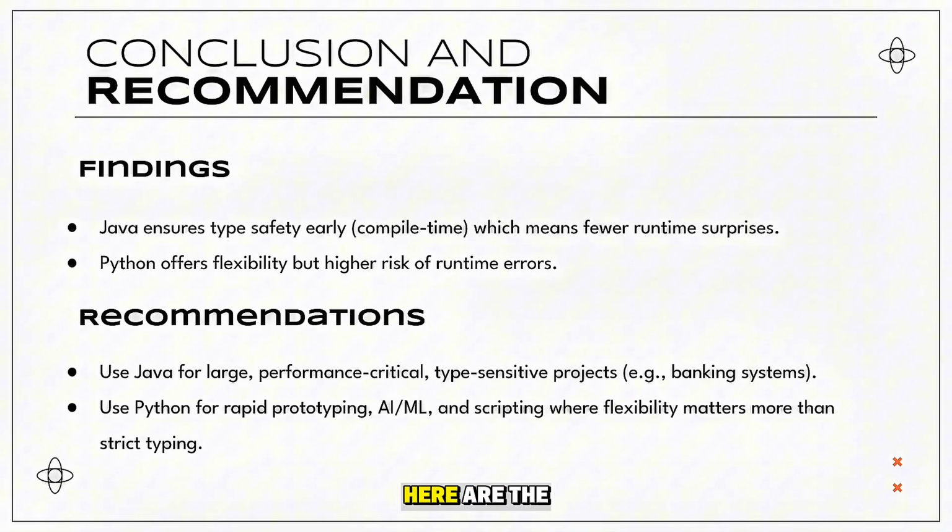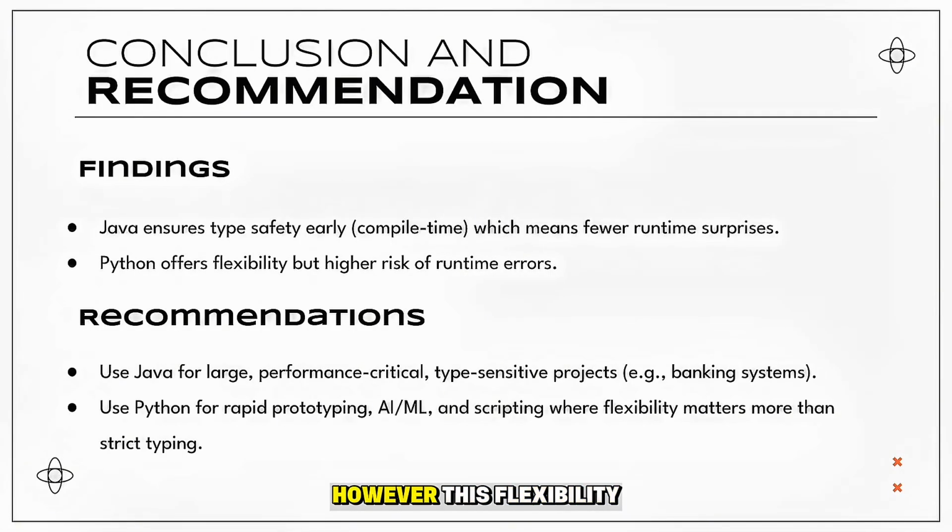Here are the key findings from our comparison of Java and Python in terms of typing systems. First, we found that Java ensures type safety early because it checks types at compile time. This results in fewer runtime surprises and makes Java more reliable for large and sensitive systems. Meanwhile, Python provides greater flexibility due to dynamic typing, allowing us to write code faster and with less restriction.